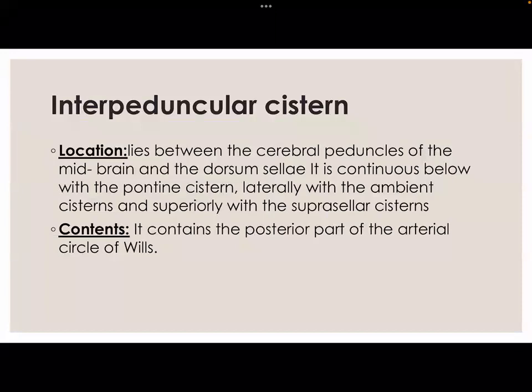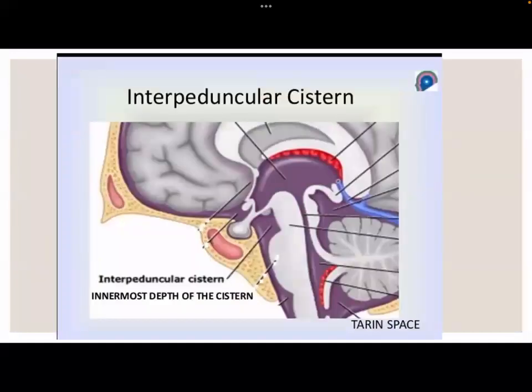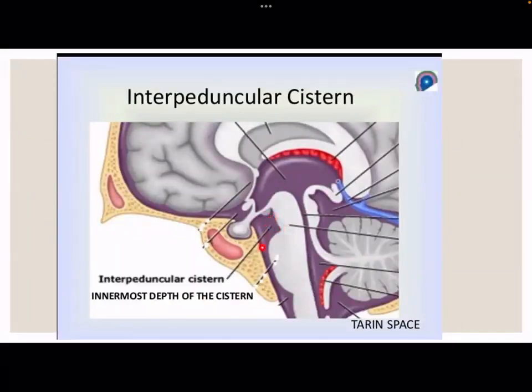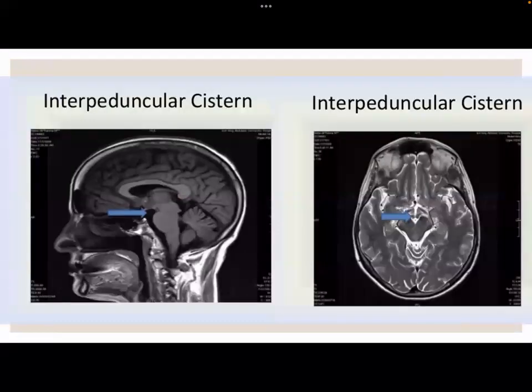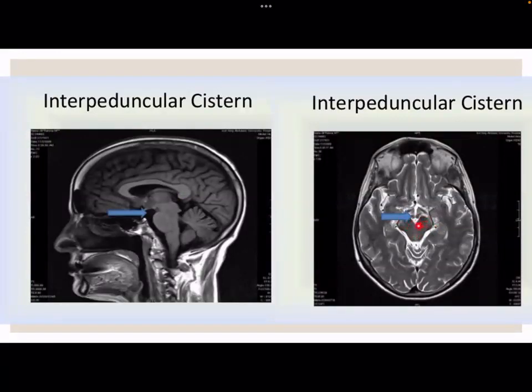Next is the interpeduncular cistern. From the name, it lies between the cerebral peduncles and the dorsum sellae. Here it's more the axial image. Here's the midbrain and the two cerebral peduncles. So it lies between the cerebral peduncles.